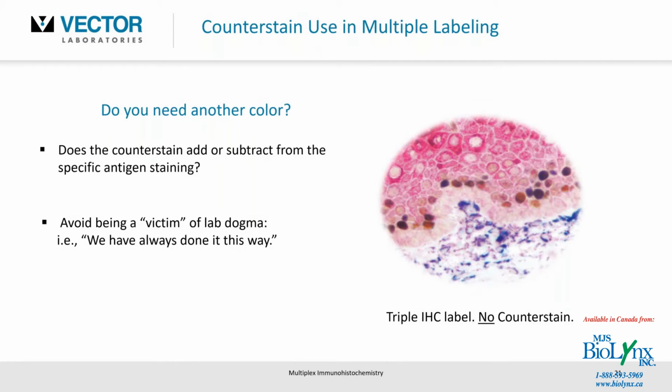Well, that's well and good, but maybe once upon a time when that SOP was established, you were just doing single labeling, or something with an inherent pigment like I showed before, with a single label and the hematoxylin, and that worked well. But maybe your staining has evolved, and indeed the specimen has evolved. You've changed specimens. You're looking at different target antigens, and now there's no real place to apply a counterstain.